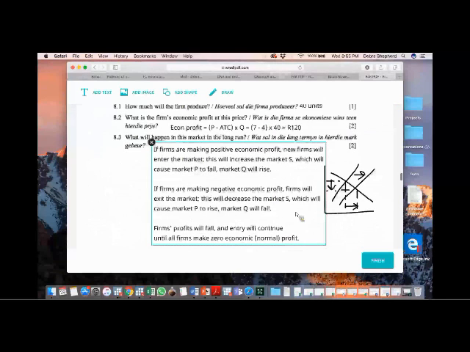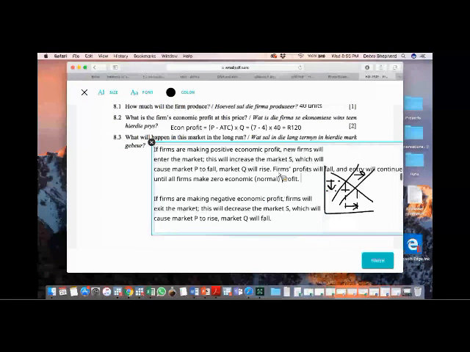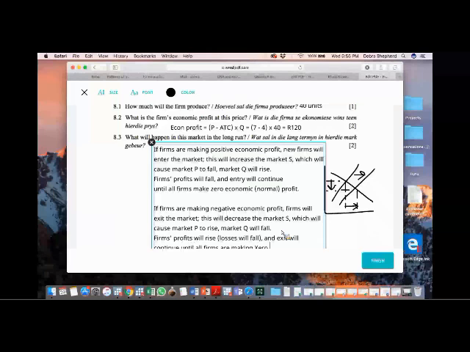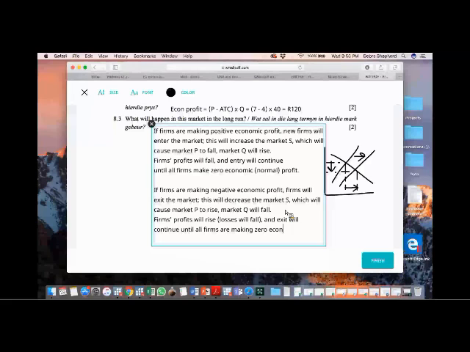So in the case of market exit, we're going to have the opposite impact on firms. With market exit, firms' profits will rise. In other words, their losses will fall. And exit will continue until all firms are making zero economic or normal profits. So those are the dynamics of market exit and entry.